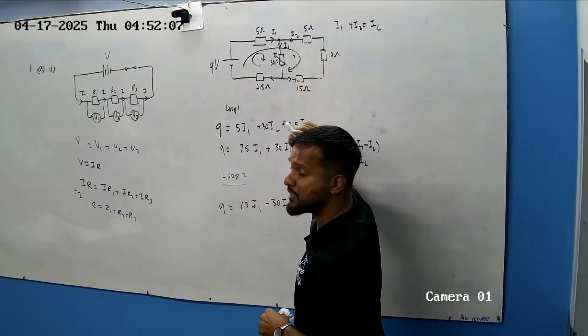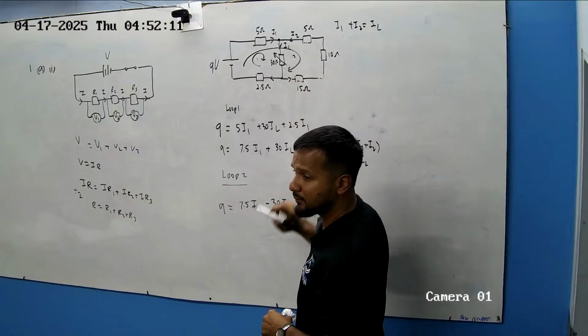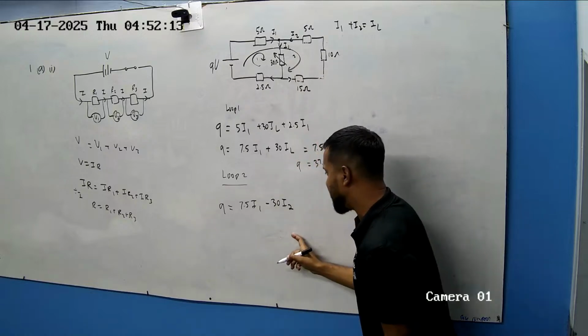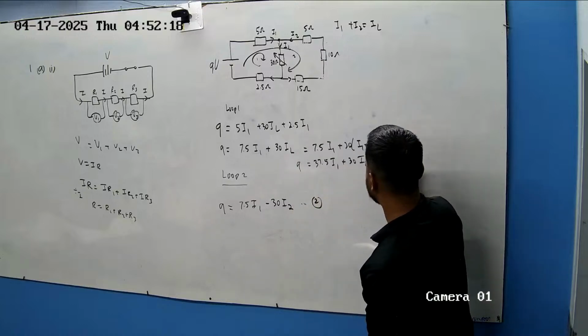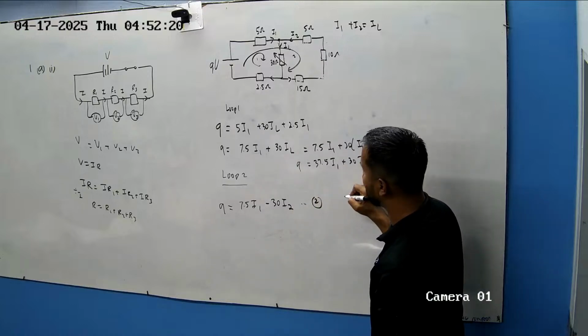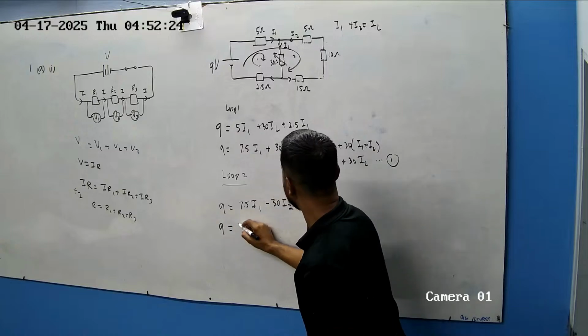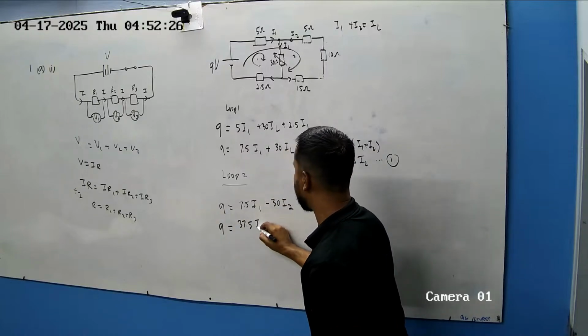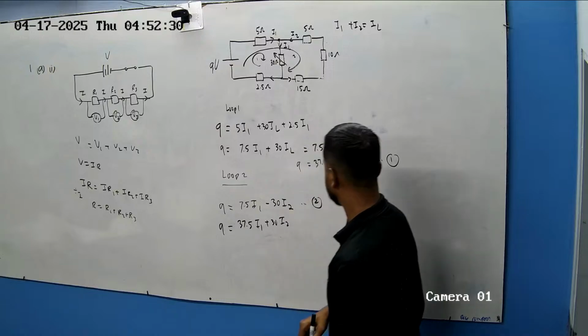Kirchhoff's second law deals with EMF and PDs. So I'm just fixing this back here. This is my equation 2, this is my equation 1. This was correct. So that's 9 equals 7.5 I1 plus 30 I2.